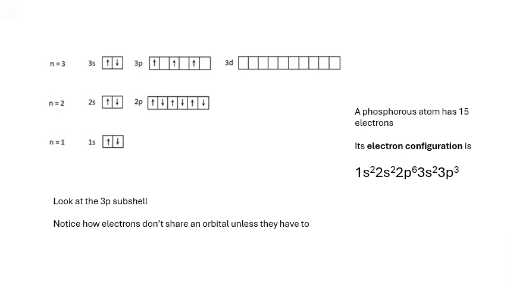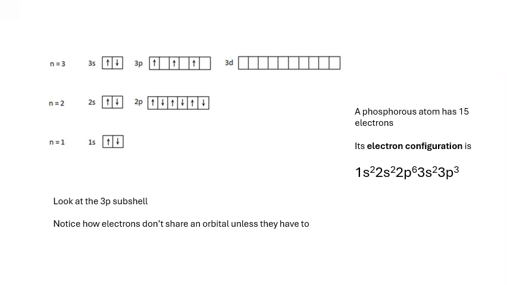So the 3 electrons in 3p, which brings us up to 15 electrons, they've got an orbital to themselves. Look at the 3p subshell. Notice how the electrons don't share an orbital unless they have to. And so the electron configuration is 1s2, 2s2, 2p6, 3s2, and 3p3.